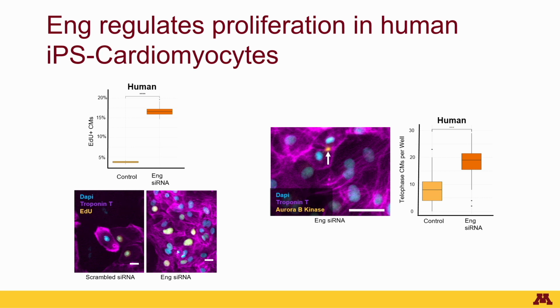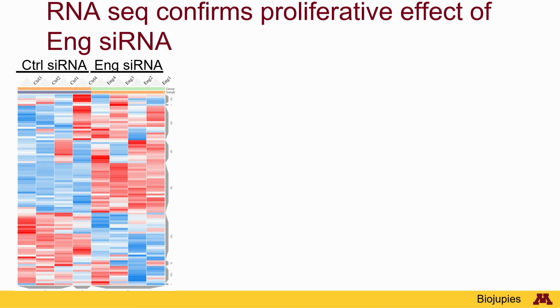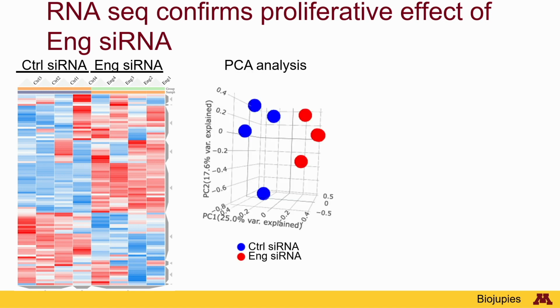We then isolated RNA from these human cardiac myocytes and performed RNA sequencing, and you saw big changes in gene expression. On the left are the control siRNA, and on the right endoglin siRNA, and when we then did PCA analysis, there was good separation between the control and endoglin siRNA treated cardiac myocytes.